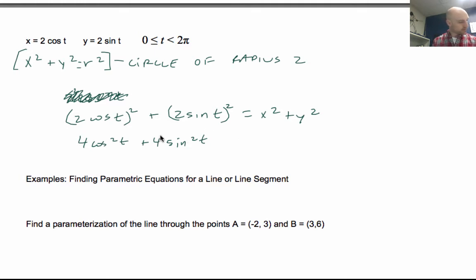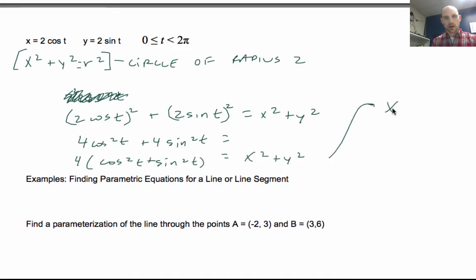And so it's going to be equal to 4 times cosine squared t plus sine squared t. So therefore, x squared plus y squared is equal to 4, because this is 1. That's an identity. It's a circle of radius 2 centered at the origin.